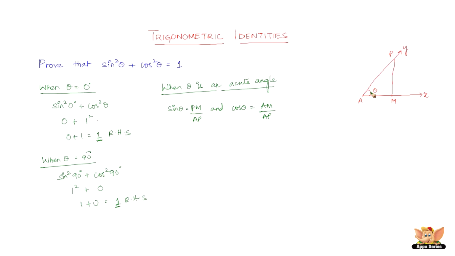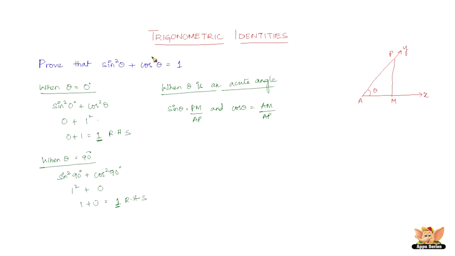The reason is sine is nothing but opposite by hypotenuse. So the opposite to theta is PM and the hypotenuse is AP. For cos, it is adjacent by hypotenuse. The adjacent is AM and the hypotenuse is AP. So we've got sine theta and cos theta.